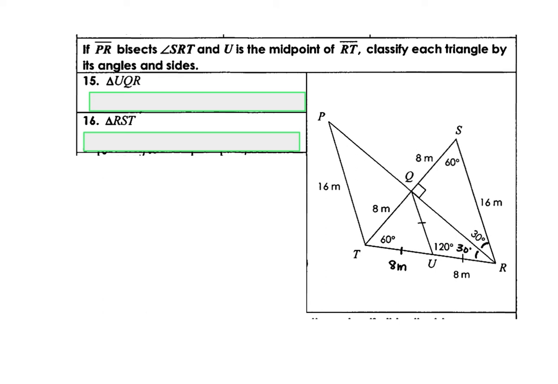You can also have terminology that you have seen before that will help give insight into what's going on with the triangle. So in this case, they say PR bisects angle SRT. And so if I have angle SRT, and they told me that PR bisects it, then that's how I know that these are congruent.